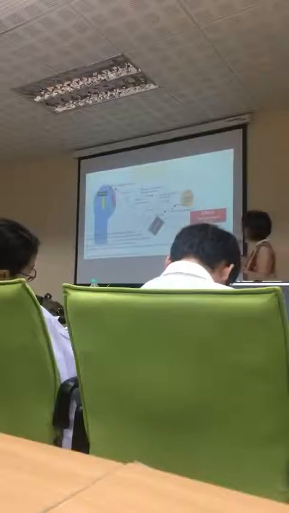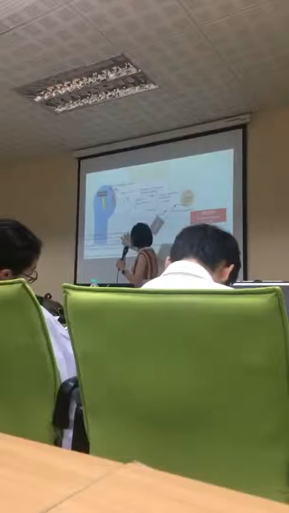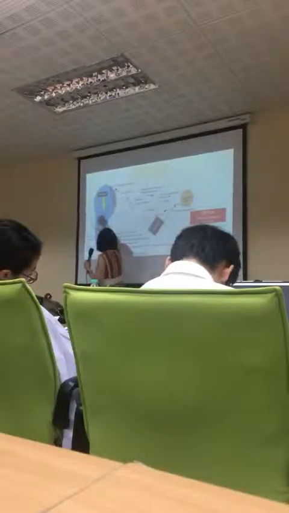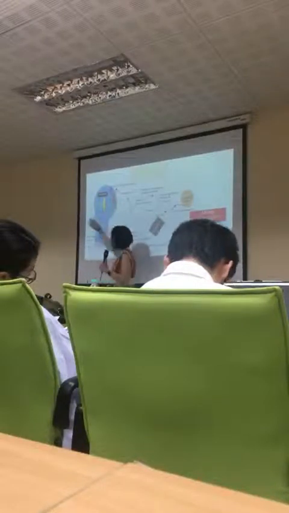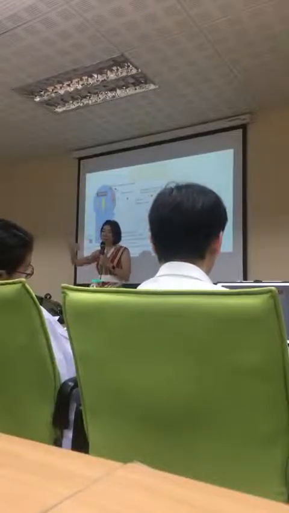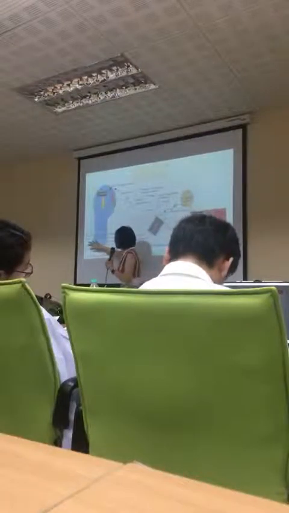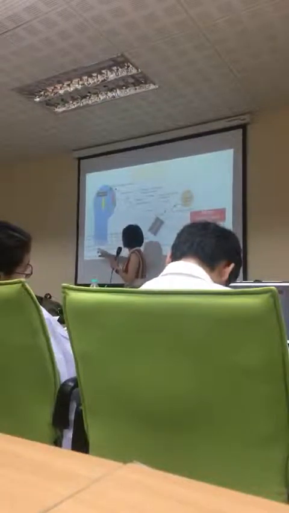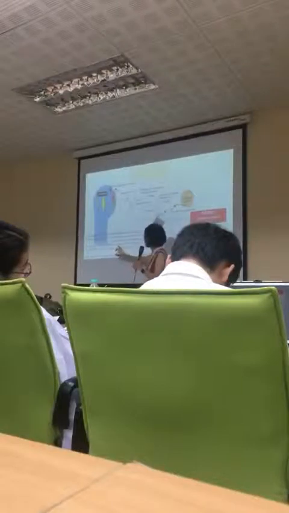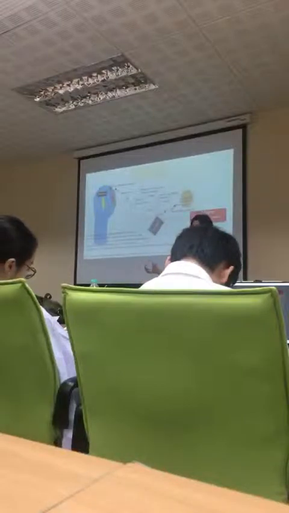Where is the pharyngeal plexus located? At the middle constrictor, around here. The pharynx has superior, middle and inferior constrictors, and the pharyngeal plexus is in the middle. Most of the motor is supplied by the vagus nerve, but sensation is supplied by the glossopharyngeal nerve. And there is sympathetic too.